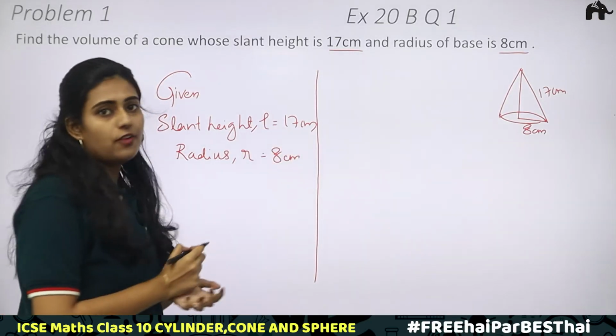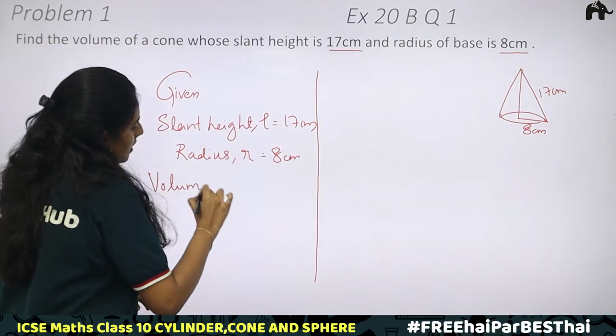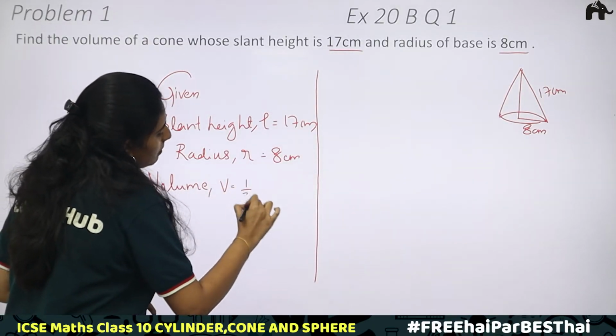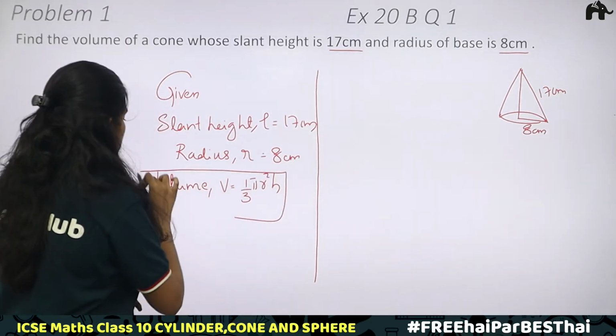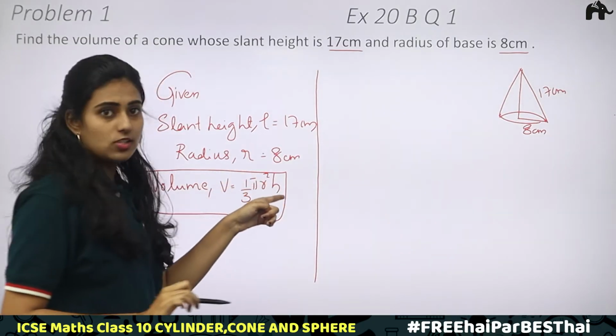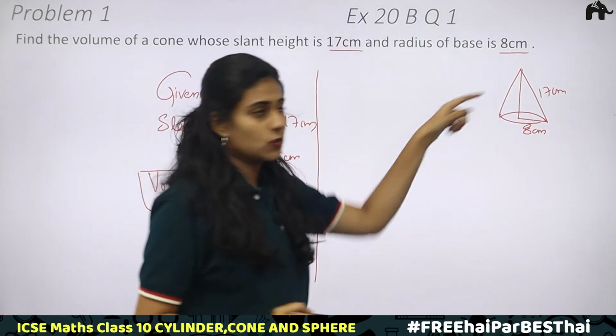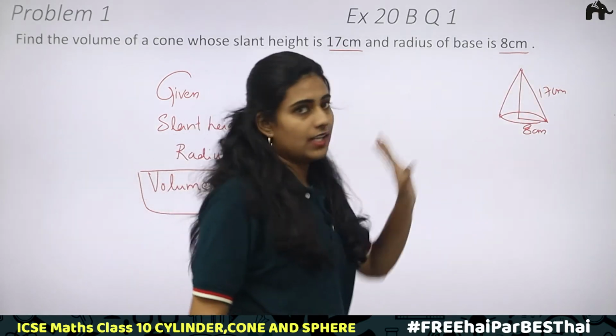What is the formula to find volume of a cone? Volume V is equal to 1 by 3 pi r square h. This is the formula to find volume. Okay. We know what radius is, but we don't know h. What is h? H is the height of cone. This length is h. We need to find h.